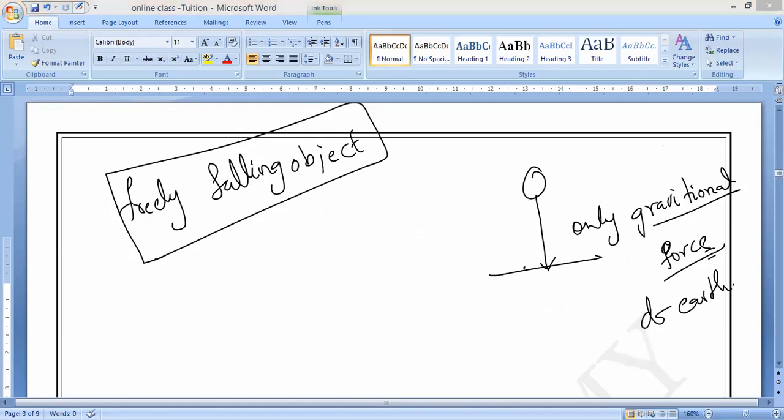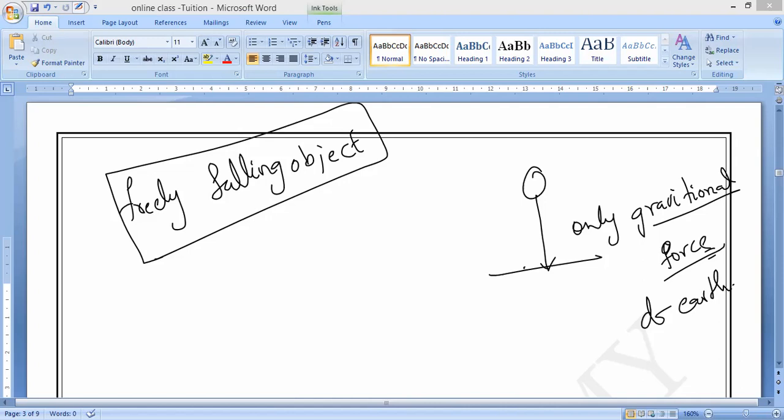Galileo concluded that the acceleration of an object falling freely towards the earth does not depend on the mass of the object.